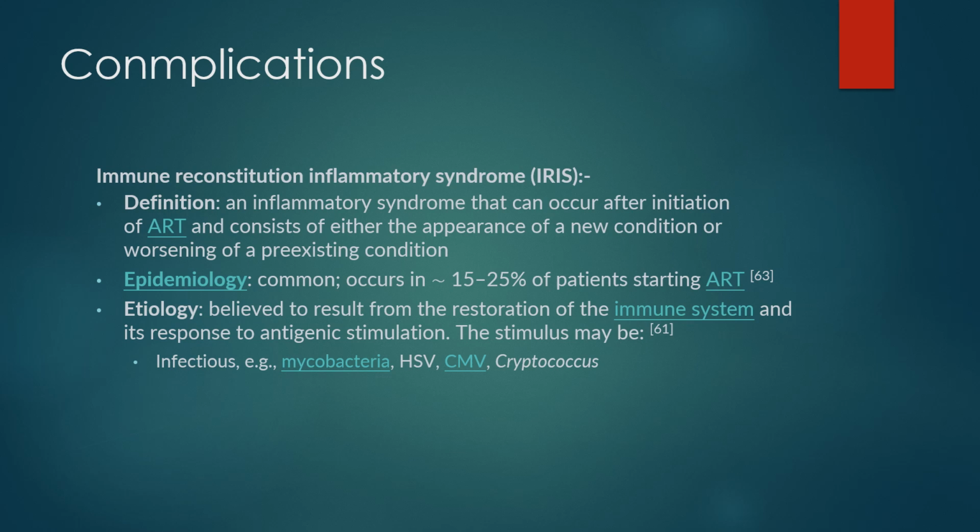It is believed to result from the restoration of the immune system and its response to antigenic stimulation, and this stimulus may be infectious, like mycobacteria, HSV, CMV, or cryptococcus.